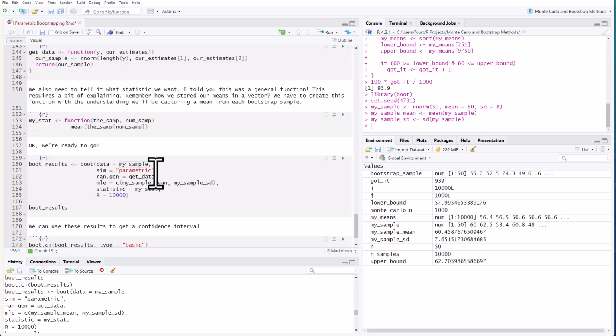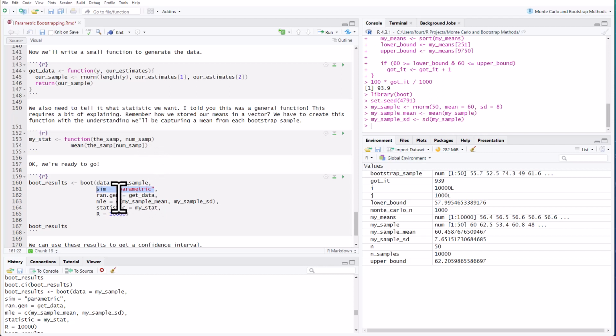I'm going to tell it I want a parametric bootstrap, because remember, there are also non-parametric bootstrap methods. I'm going to tell it that I want to generate the data using my getData function up here. So this is wanting you to give it a function, which I've done. And then I'm going to give it my maximum likelihood estimates, and there are two of them here. They are for my sample mean and my sample standard deviation.